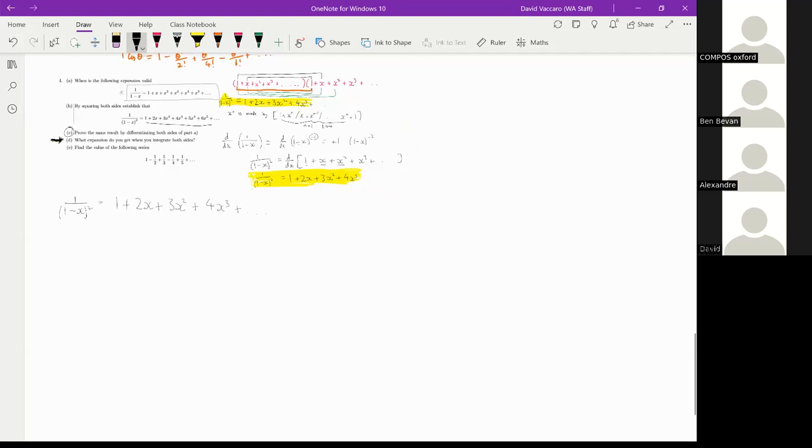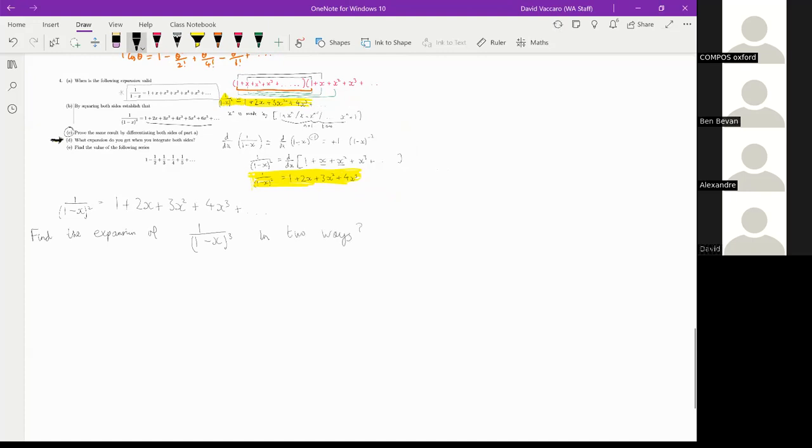And what I'm going to challenge you to do is find the expansion of 1 over 1 minus x all cubed. Okay, and we're going to do this in 2 ways.